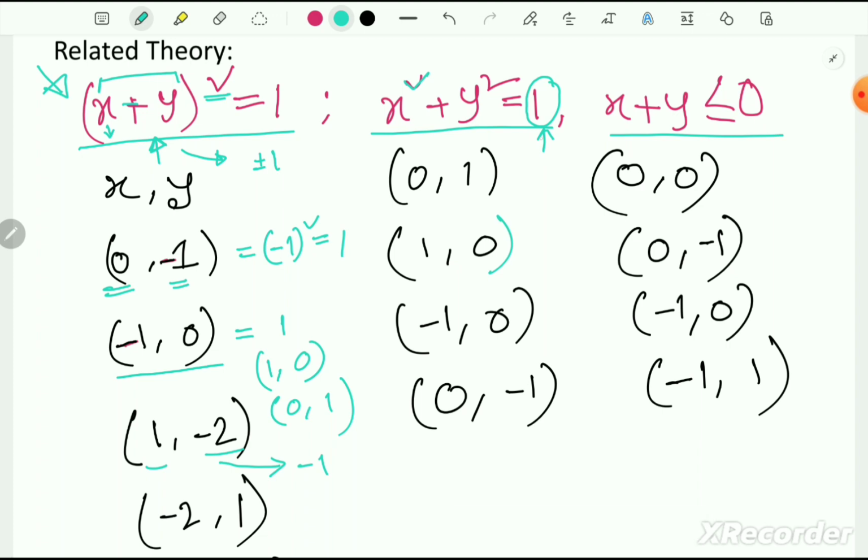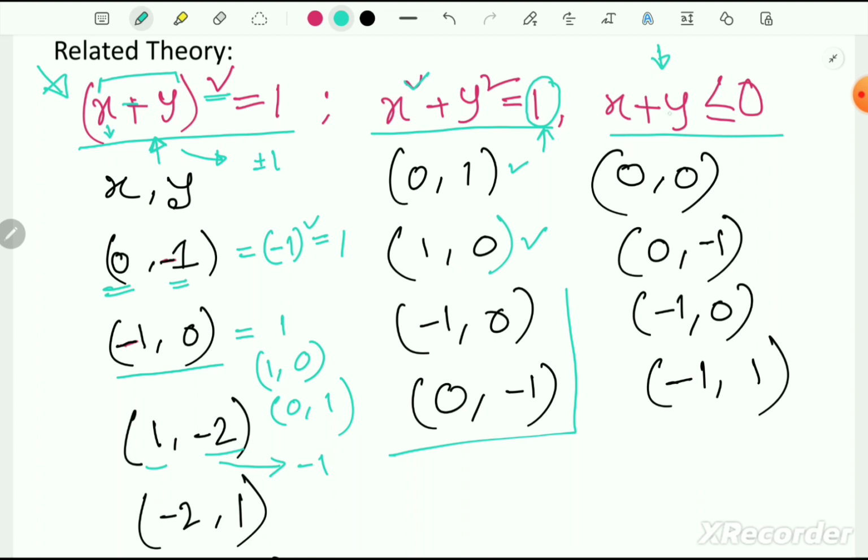Therefore we will only get 1 when either x or y is 1 and the other is 0. So this case will give us (1, 0), also (−1, 0), (0, 1) and (0, −1). Out of these 4 points, you will never find different coordinates which satisfy this equation. We can move on to our next equation.